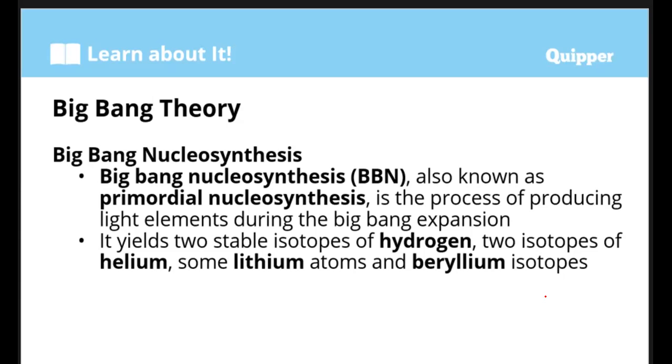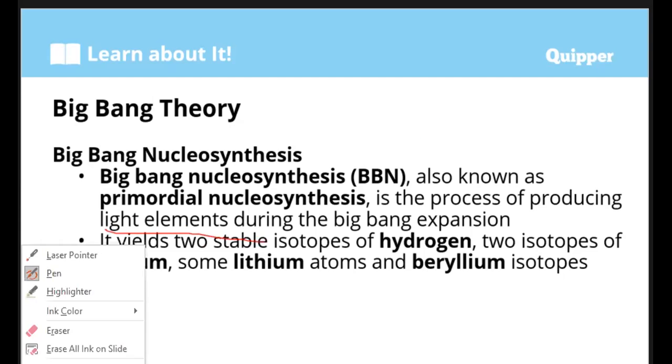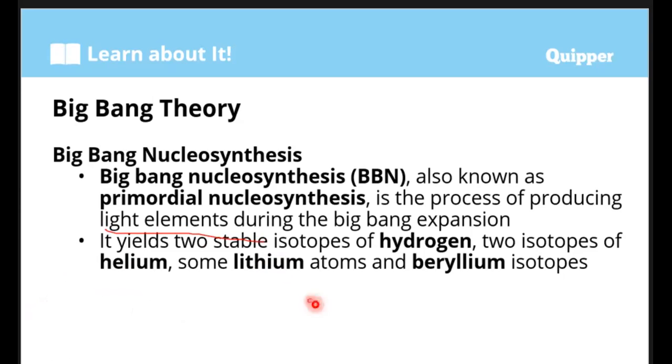And these subatomic particles are actually the origin or the composition of the elements. Thus, in the outer space, there are light elements during the Big Bang expansion.